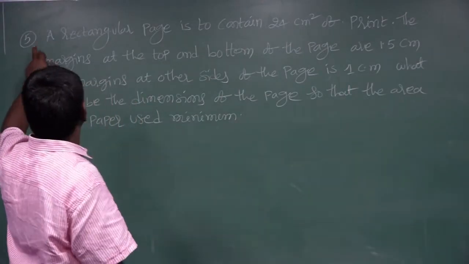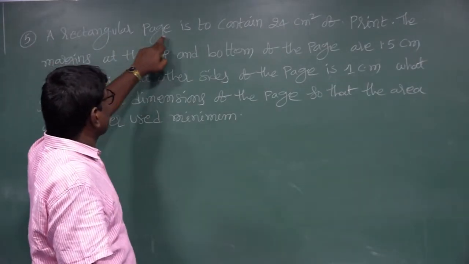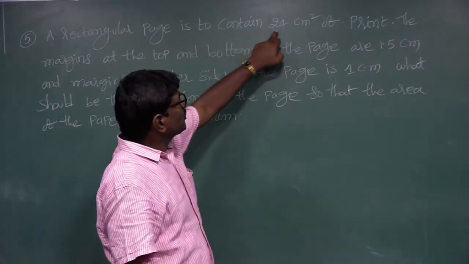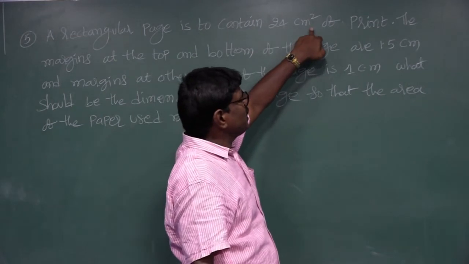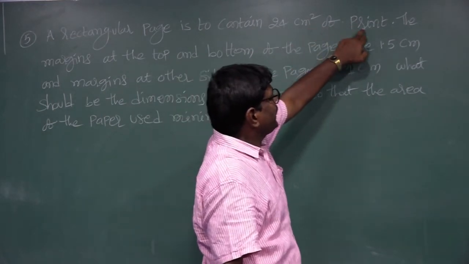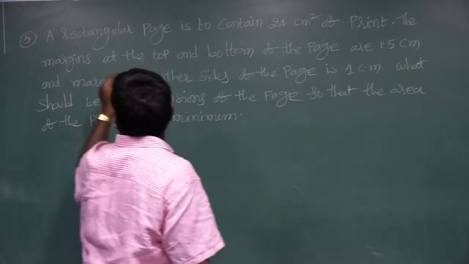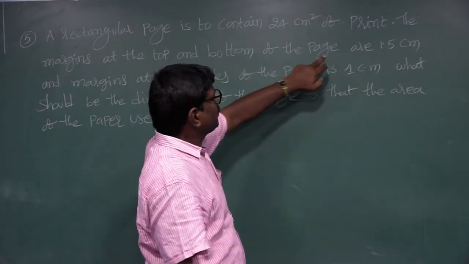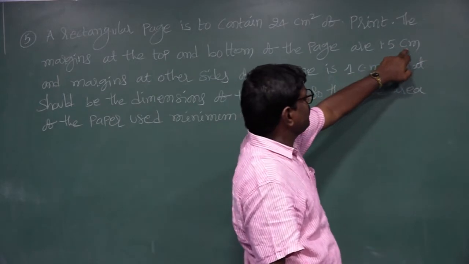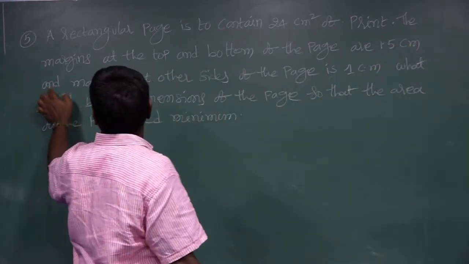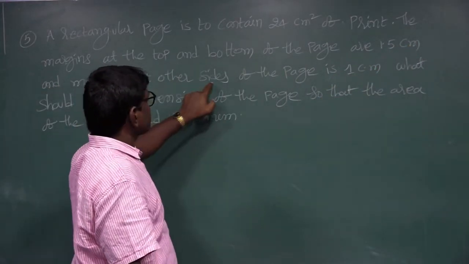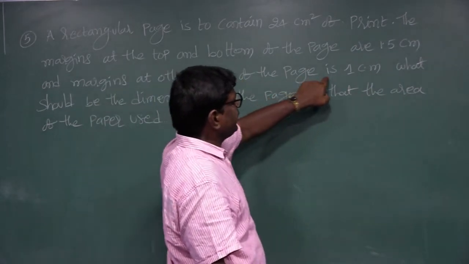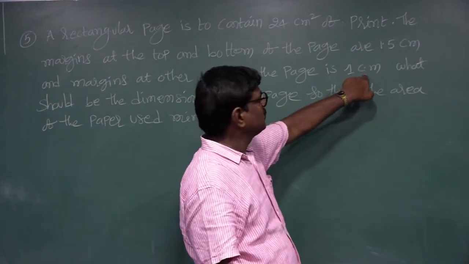Dear students, fifth problem. A rectangular page is to contain 24 centimeter squares of print. The margins at the top and bottom of the page are 1.5 centimeters and the margin at the other sides of the page is 1 centimeter.